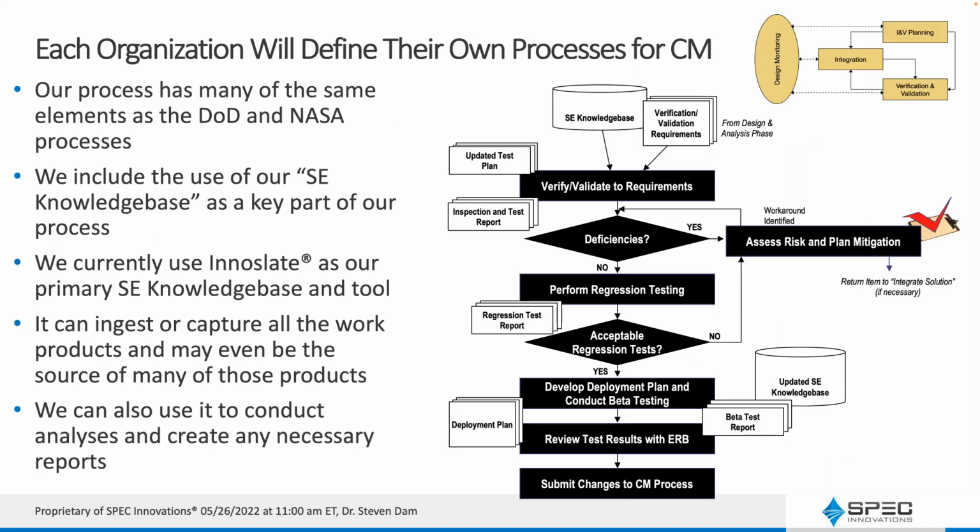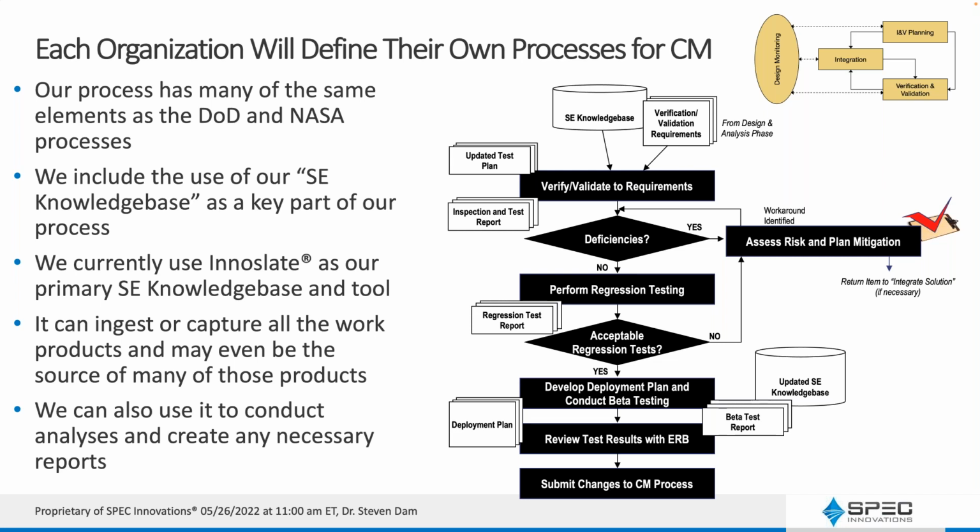What we did, of course, if you have your own organization, you're going to define your own processes for V&V. And we actually have a process that's kind of interesting. If you go up the V, we took that top right corner process, which we call our Starship Enterprise process for obvious reasons.